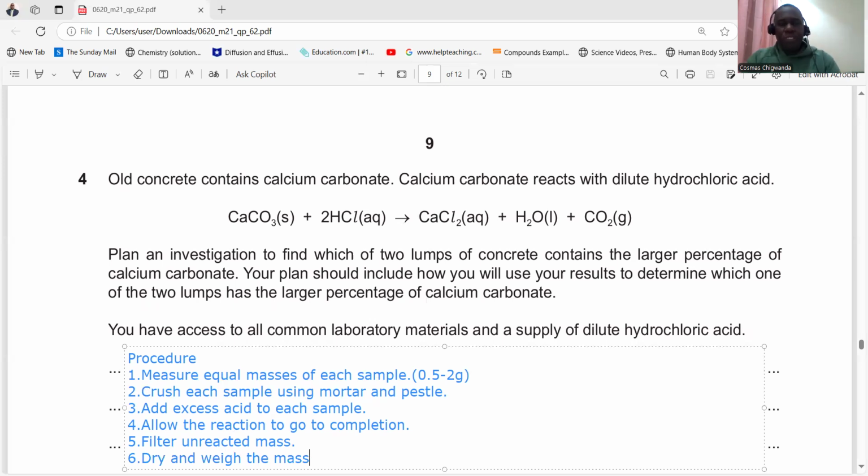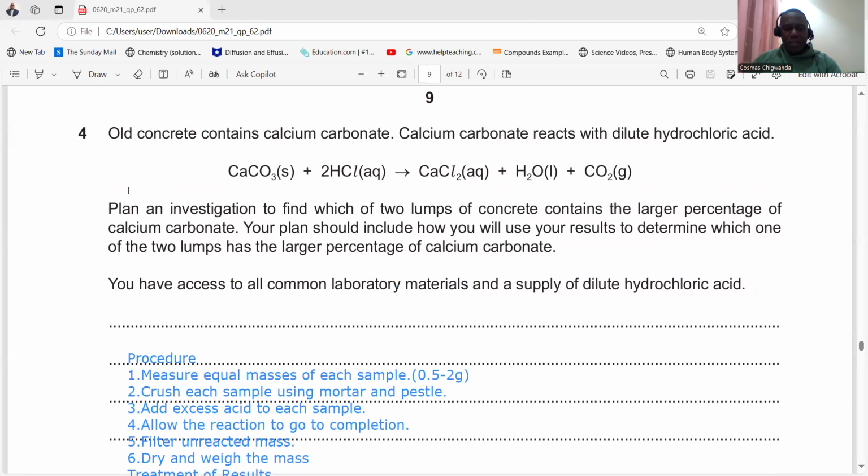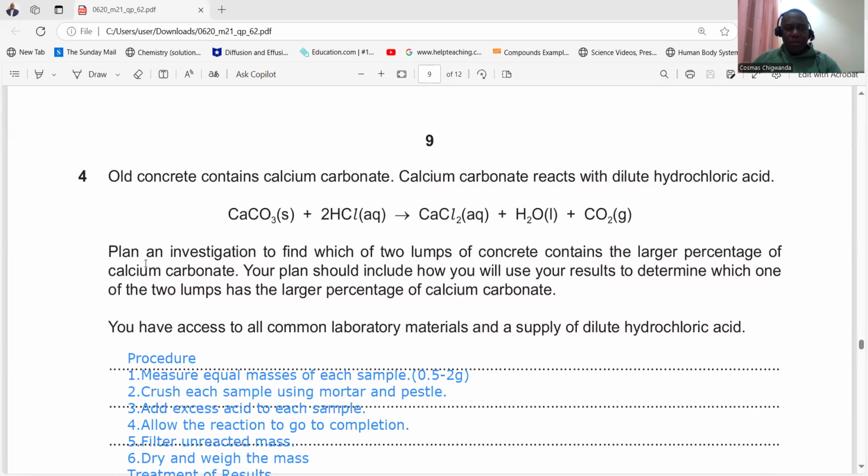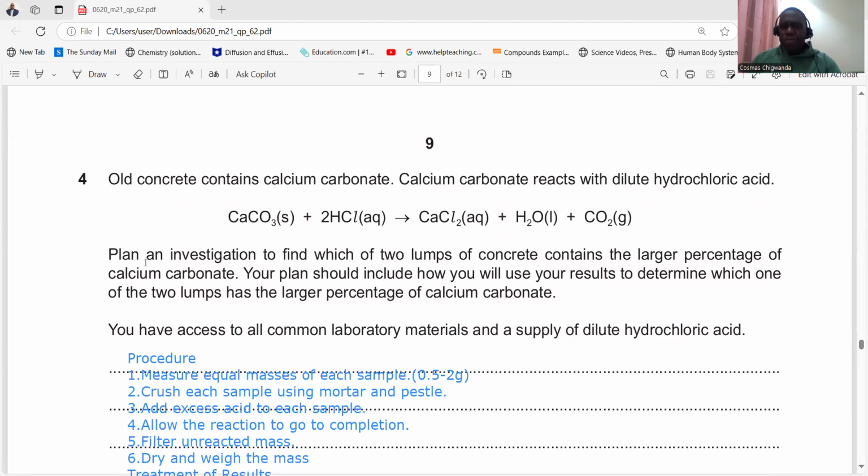Right, so how do we treat our results now? Treatment of results. Because the key part to the question was that your experiment must show us which one was actually having a bigger percentage, or bigger composition by mass, of calcium carbonate.